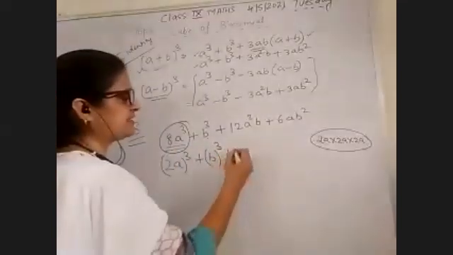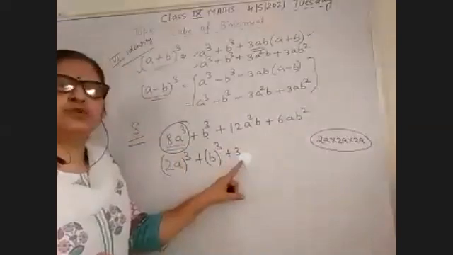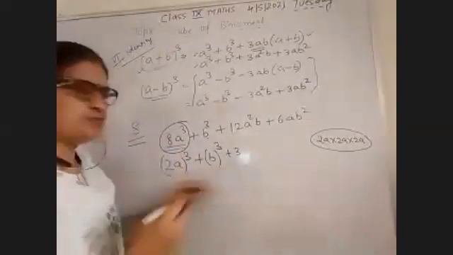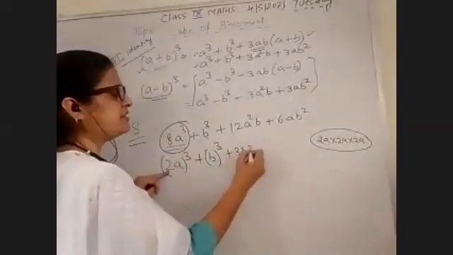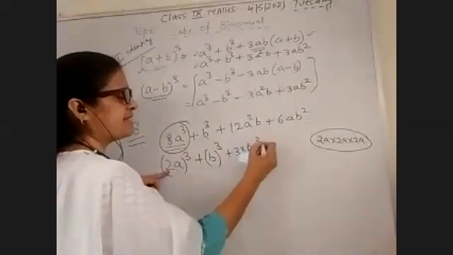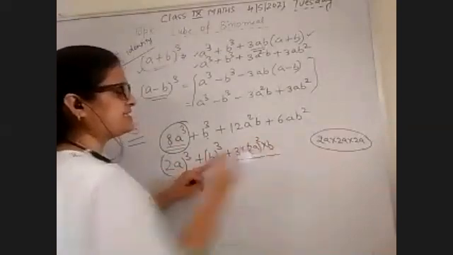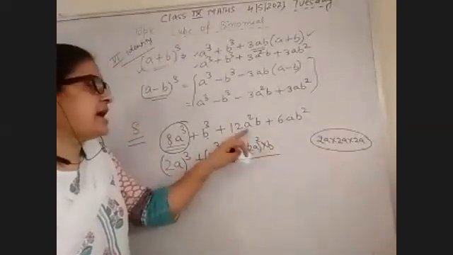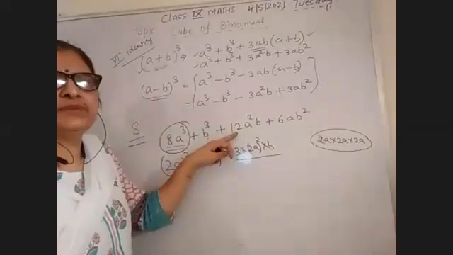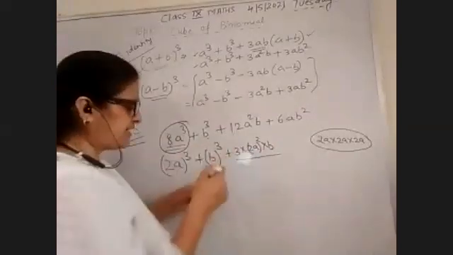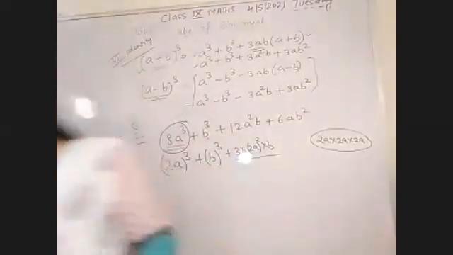And plus 3, write it yourself. 3, write it yourself. And a is given 2a square, and b is given b. When you multiply these 3 numbers, because I wrote 12a square b in this form, you can write this question this way also.